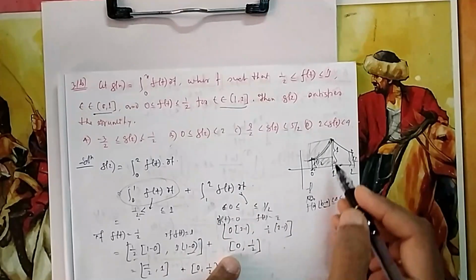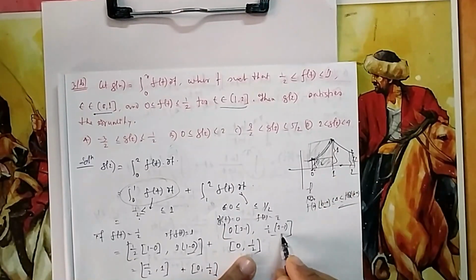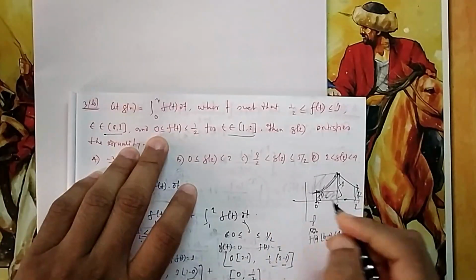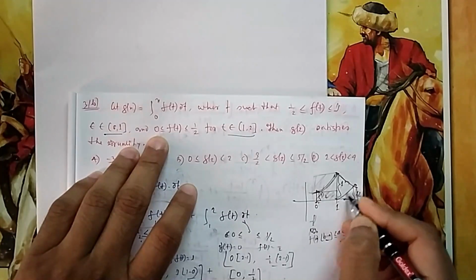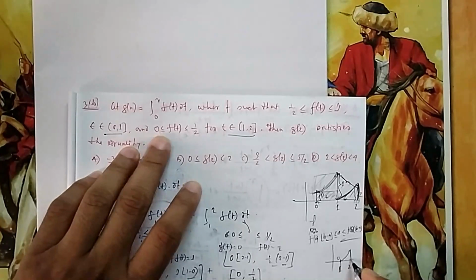Similarly, this area is in between half into (2 minus 1) and 1 into (2 minus 1). Sorry, this graph is 0 to this one, not this one. Because it is 1 to 2, this output is 0 here and this output is half here.